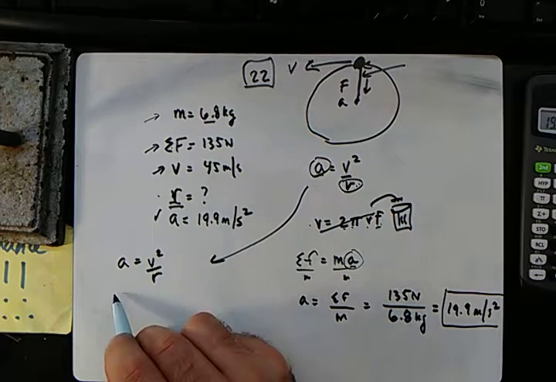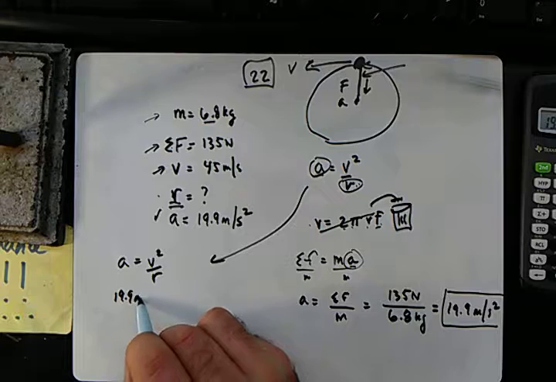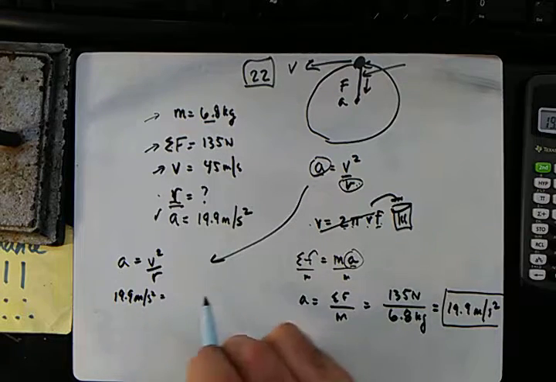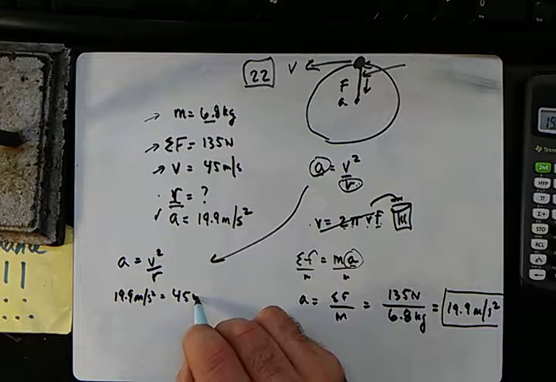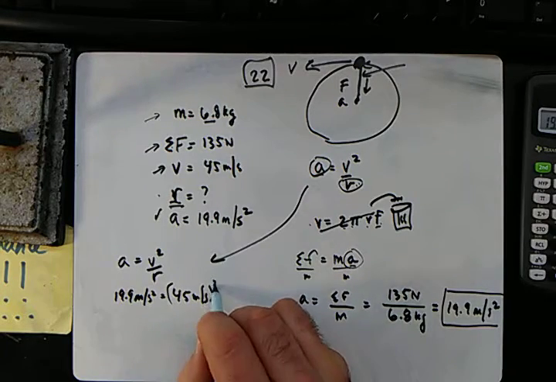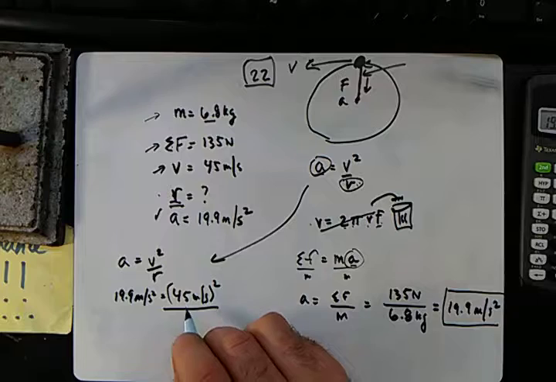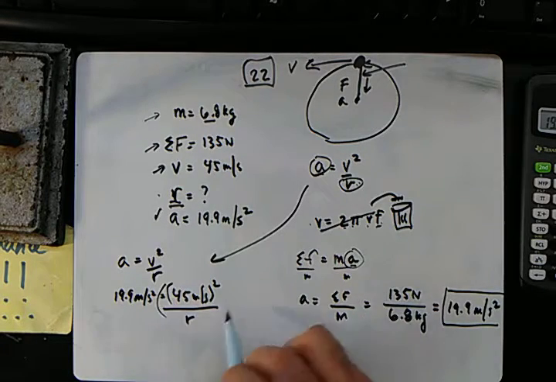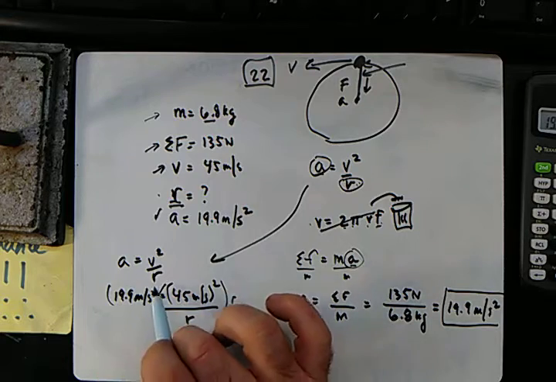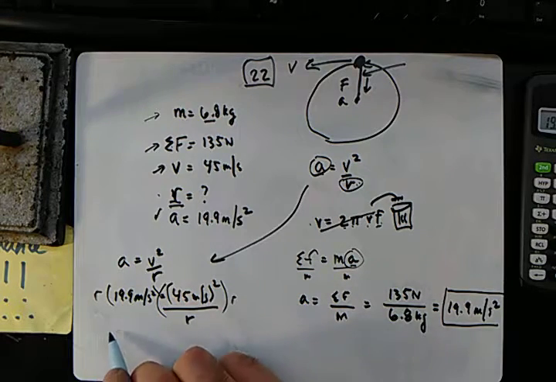I've got an acceleration of 19.9 equals 45 meters per second squared over the radius. So I'll multiply both sides by radius.